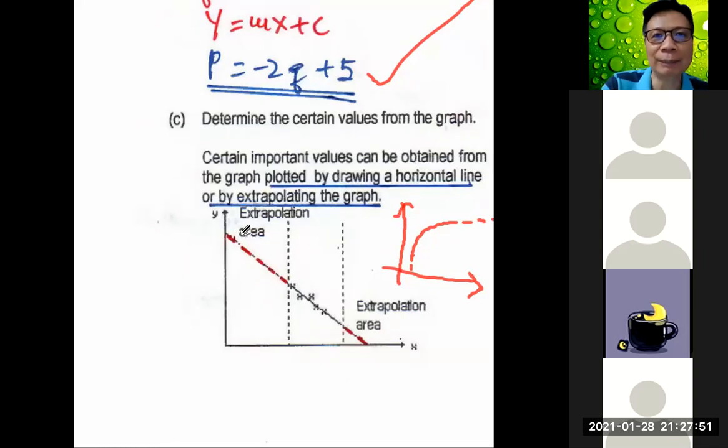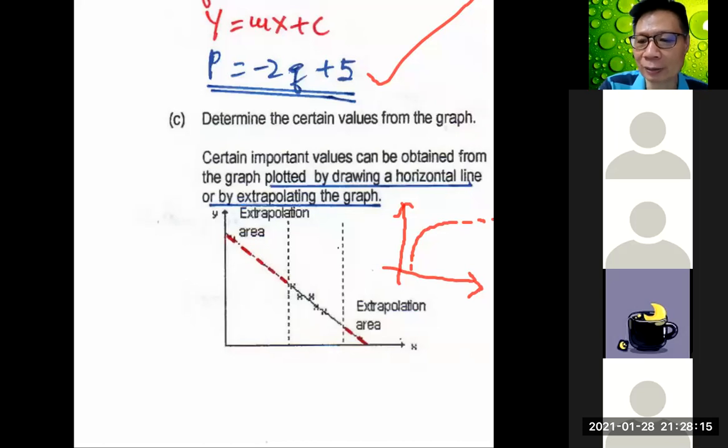Sometimes the answer to the question they ask is outside the graph, so you need to extend in order to find the answer. So the purpose of extrapolating a graph is to find an answer which is outside, beyond your graph. That is the reason. Understand?